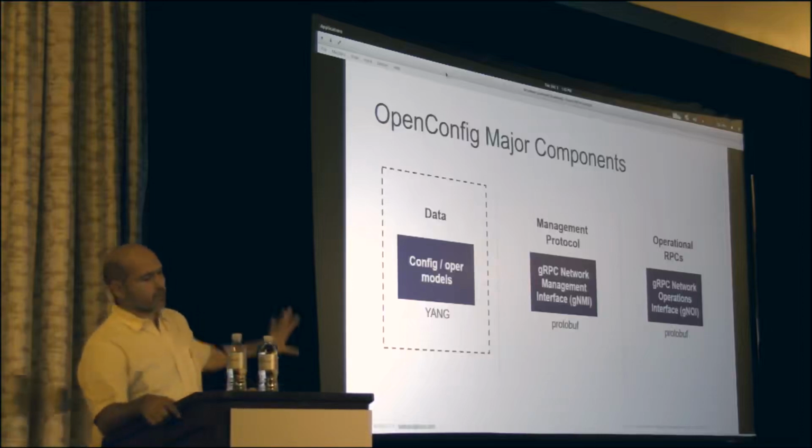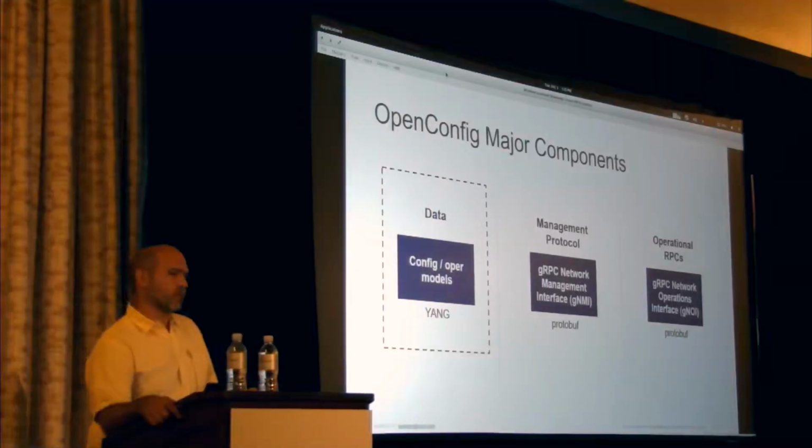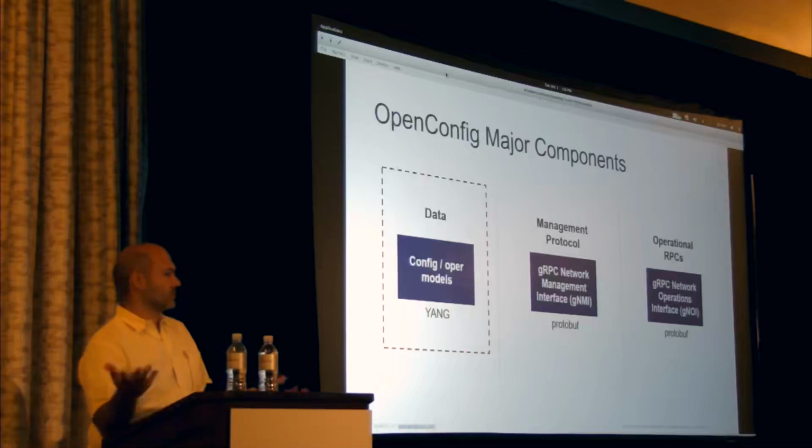That defines data models both for configuration and operation, using YANG as the modeling language, as probably most of you know. It's not only a standards track modeling language in the IETF, but it has also gained enough traction in the industry to become the de facto standard for defining data models for networking.